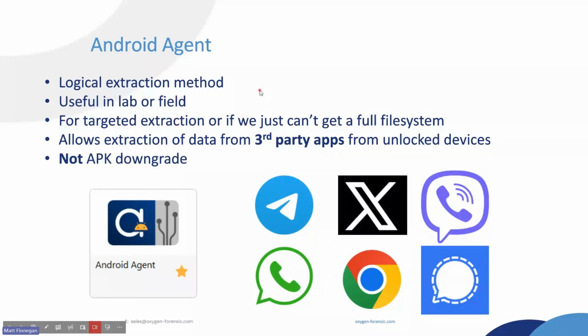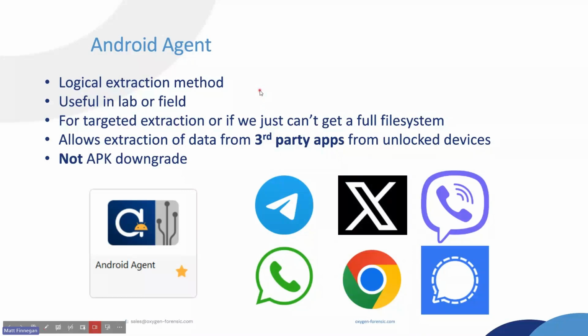I always wanted to get the full file system extraction if I could, but for some devices, we just can't get full file systems from every device. So sometimes we have to fall back to these logical extraction methods. This is a method that is actually useful in the lab or in the field, and I'll explain the reason for that in a moment.